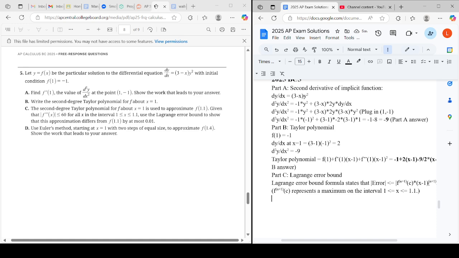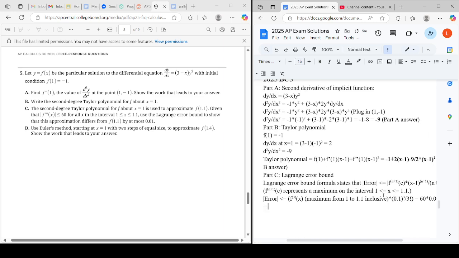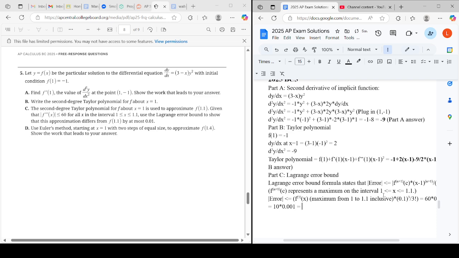So we substitute values and say the absolute value of the error is less than or equal to the maximum of the third derivative of f from 1 to 1.1 inclusive, times 0.1 cubed over 3 factorial, which equals, from our problem, 60 times 0.001 over 6, equals 10 times 0.001, equals 0.01.